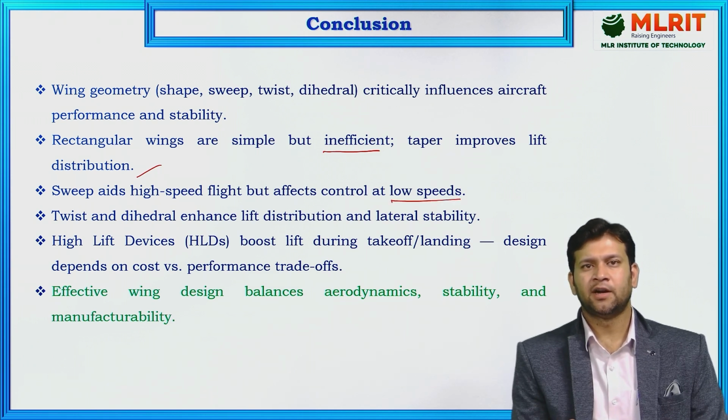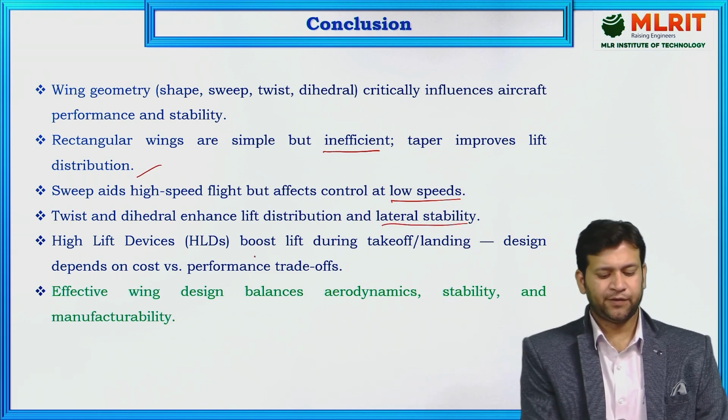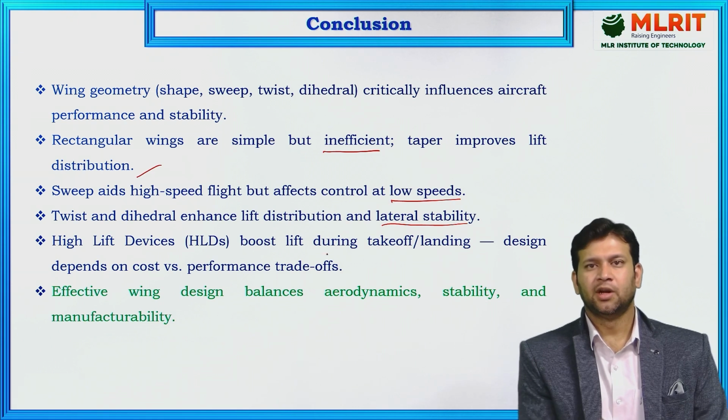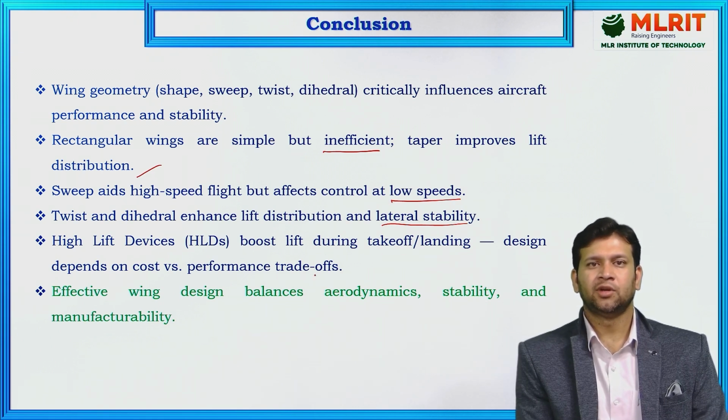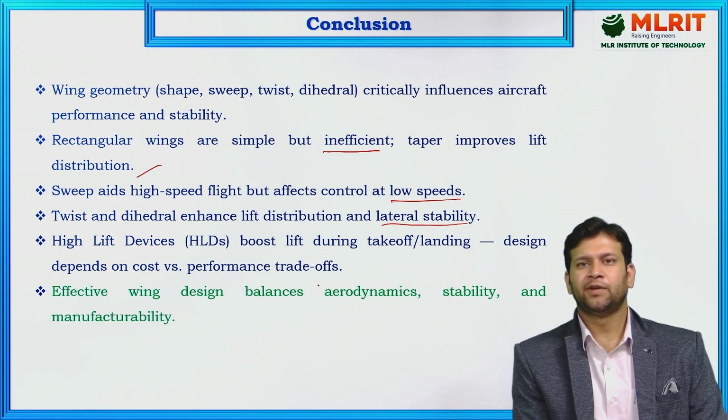Twist and dihedral enhance lift distribution and lateral stability. High lifting devices boost lift during takeoff and landing, and design depends on cost and performance trade-offs. Effective wing design balances aerodynamic, stability, and manufacturability.